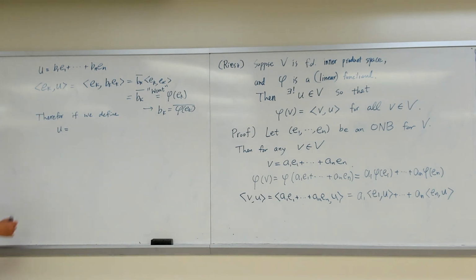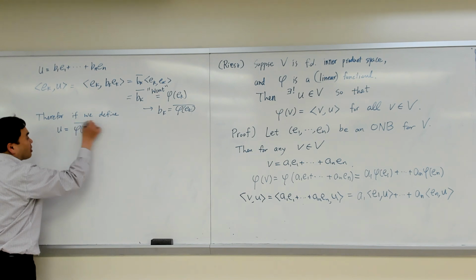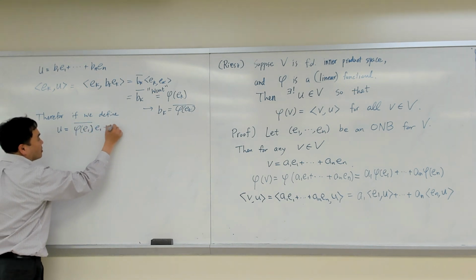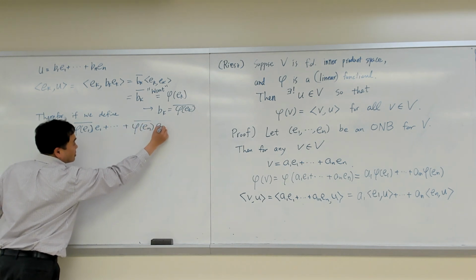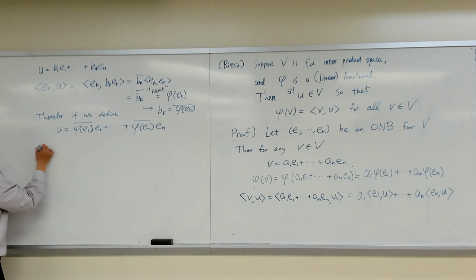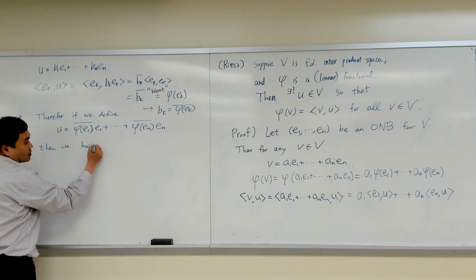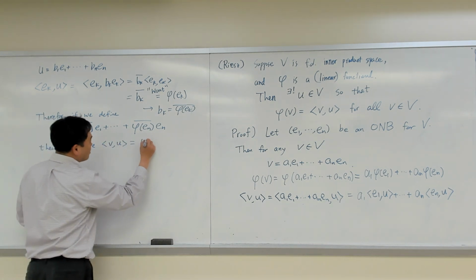So if we define U as phi of E1 bar E1 until phi of EN bar EN, then we have VU equals phi of V.